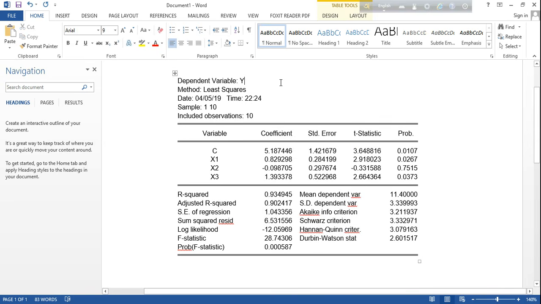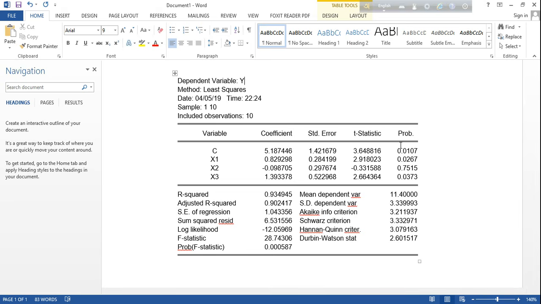Before interpretation, we have to know that we will not interpret all the statistics in this outcome, but only 1, 2, 3, 4 things from this output.